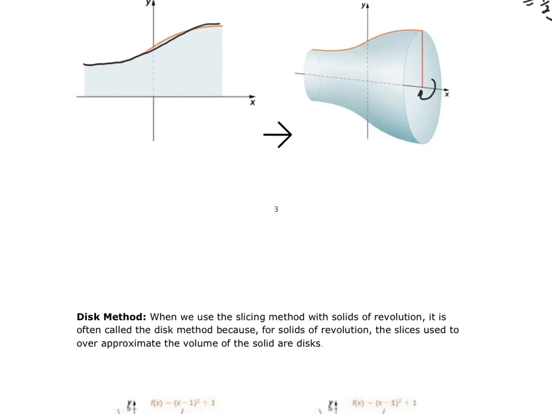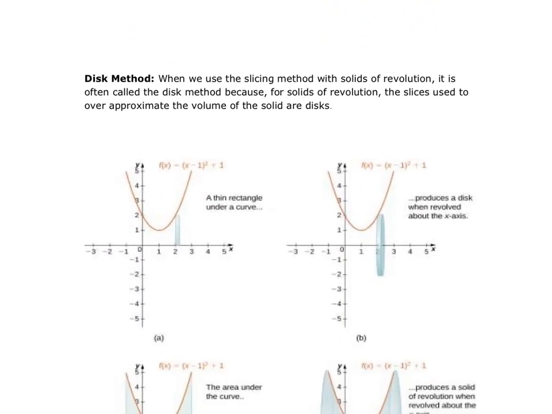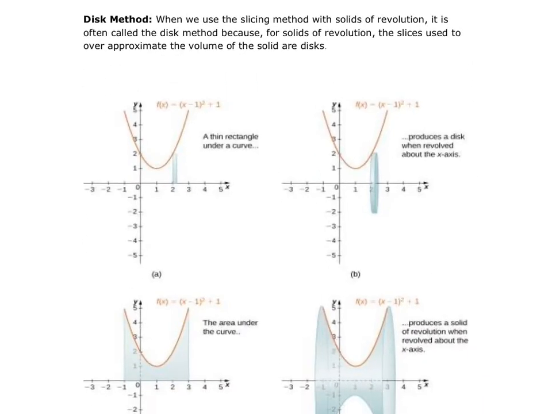And so to find the volume, the disk method, also known as the slicing method, is we just determine where we want to revolve, around the x-axis or the y-axis. And then we think about what the shape is going to be when we revolve it, as we cut it.